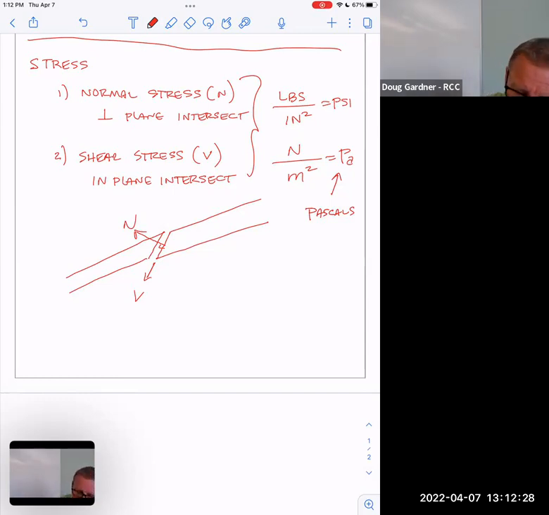Maybe I should say that here. KSI, which would be 1,000 PSI. So it's like kilosquare inches. It doesn't work so good. You see what I'm saying? It's like kilopounds per square inch. It's not KPSI. It seems like it should be KPSI, but you'll see KSI. And so you got to kind of recognize that.